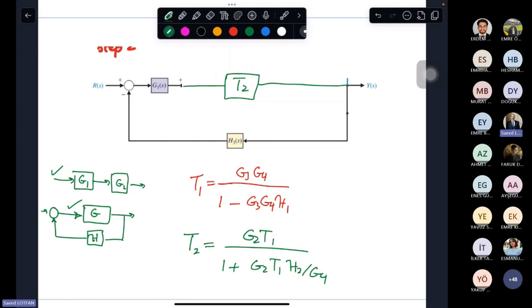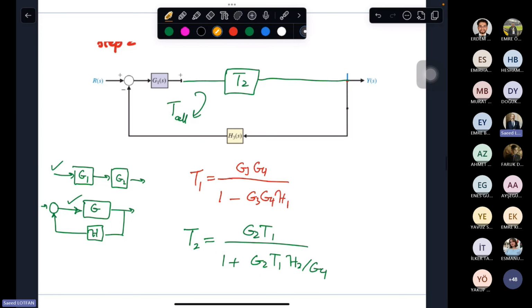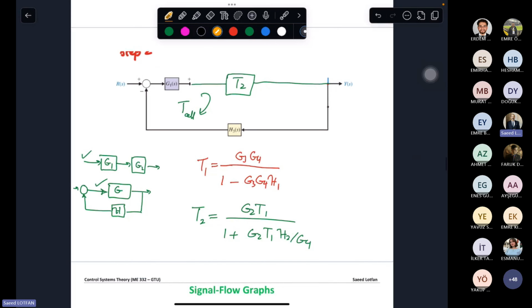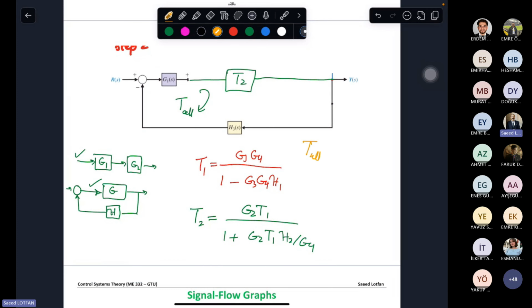Now this T all can be found. T all would be G1 multiplied by T2. These are cascade, they multiply each other. They become G1 T2 over 1. This is negative, so positive, G1 T2 H3.